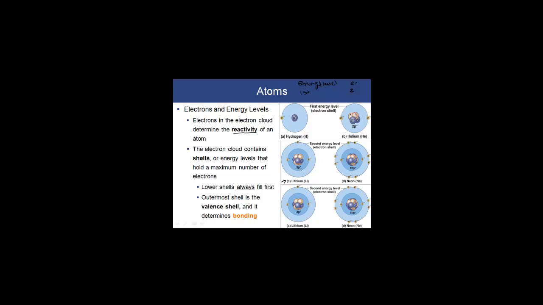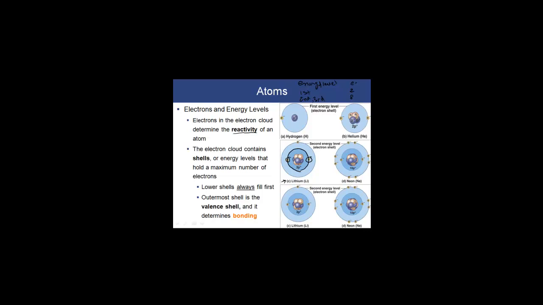And the first energy level, this first shell, can hold 2 electrons, and that's it. So here we have 1, 2. The second energy level can hold 8 electrons. And in fact, the second and the third can both hold 8 electrons. So in the case of lithium, the last electron is located in the second shell.